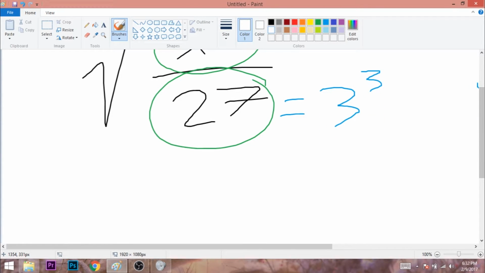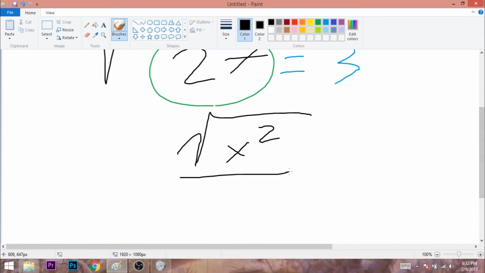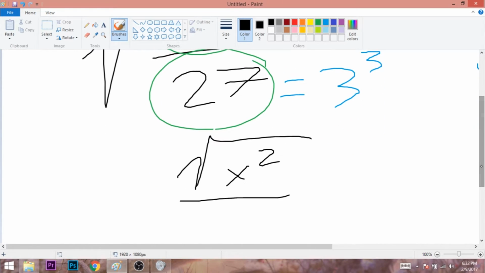Now what we're going to be left with is the square root of x squared over the square root of 3 to the third power.